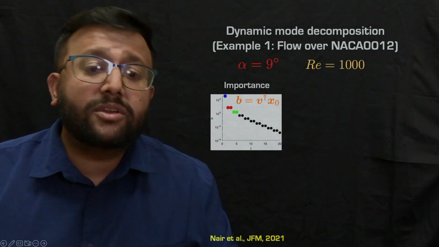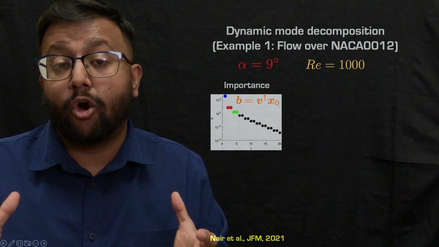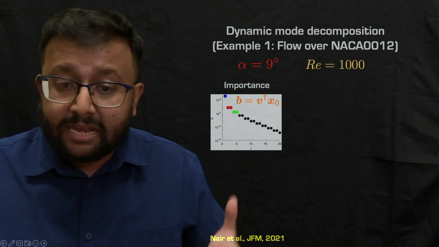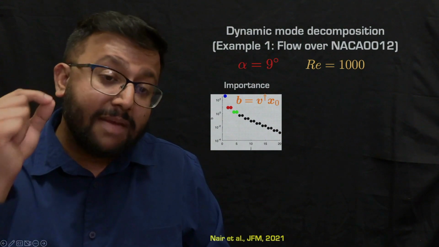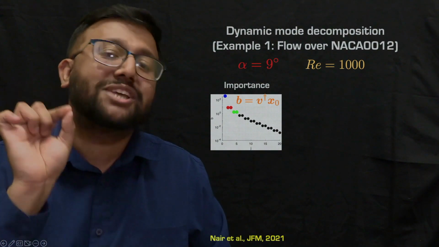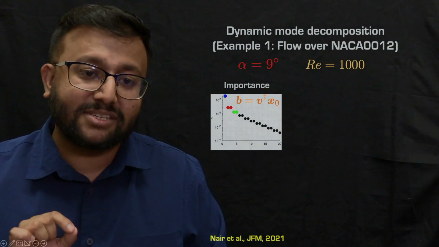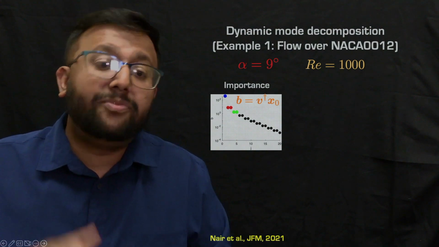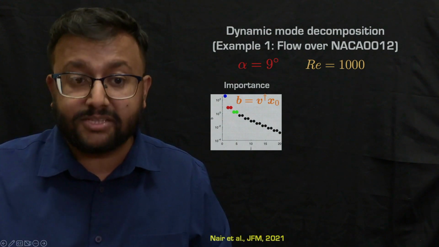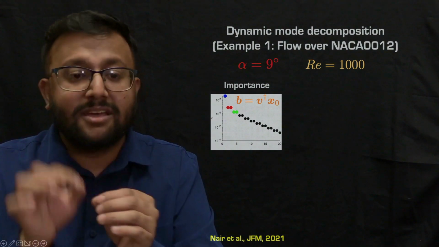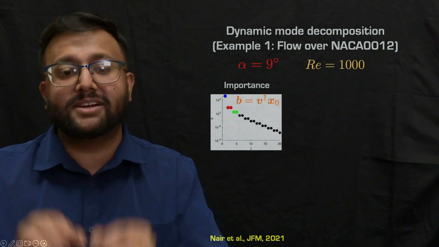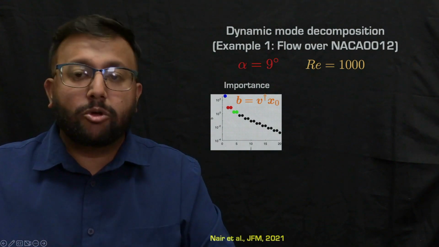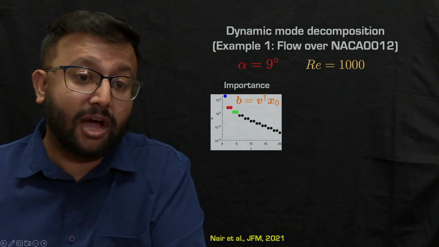And I want to note here that we didn't subtract the mean of the flow when doing the DMD analysis. Because we didn't subtract the mean, the time-averaged flow is going to be the most important mode in this DMD analysis. You can see by the blue dot, which is essentially just the time-averaged mean flow, that it has the most dynamic importance, followed by these red dots, again appearing in conjugate mode pairs, and the green dots, which have relatively more dominance compared to the other modes of the flow.